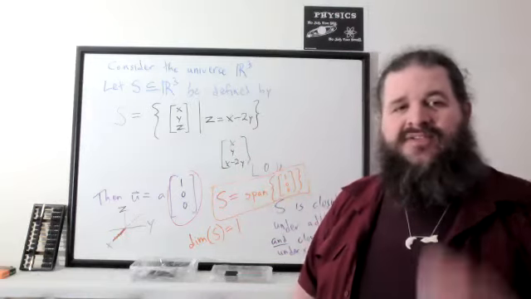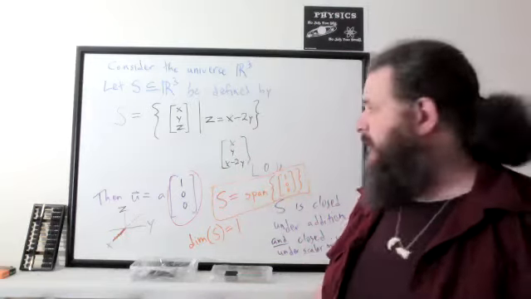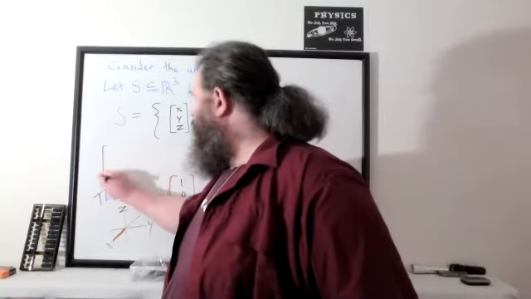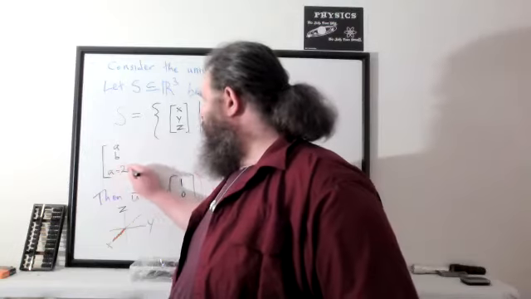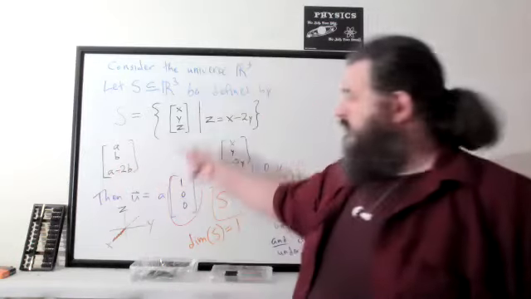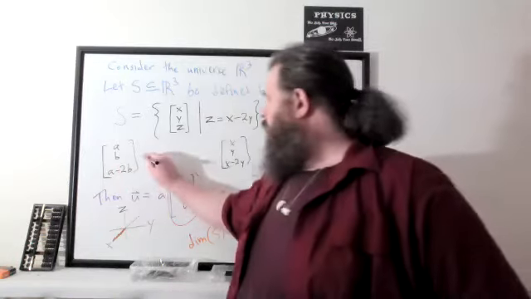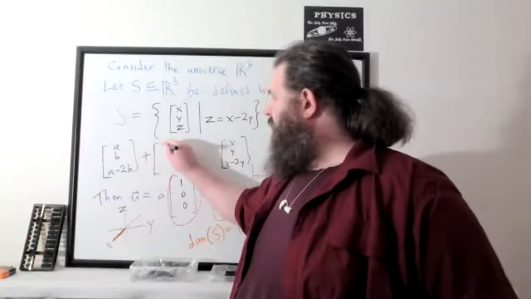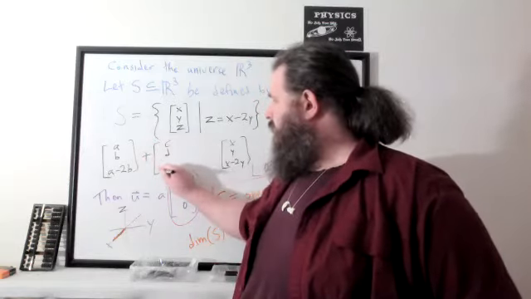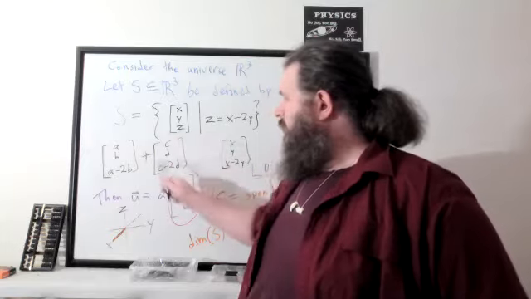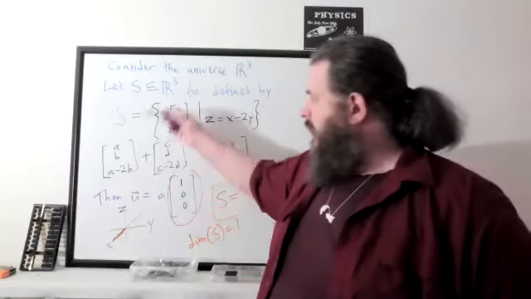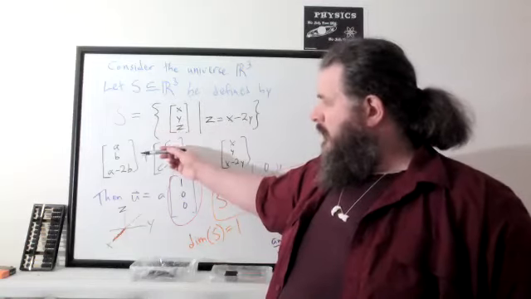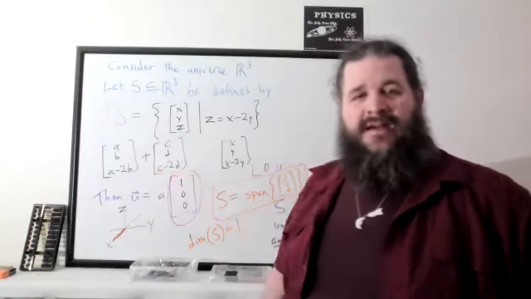Not just specific examples, but generic examples using variables. Like you could start with, let's say, A, B, A minus 2B. This is an arbitrary member of set S. And then let's say C, D, C minus 2D. Add those together and show that the result still follows the format of a number, another number, the first number minus 2 times the second number.